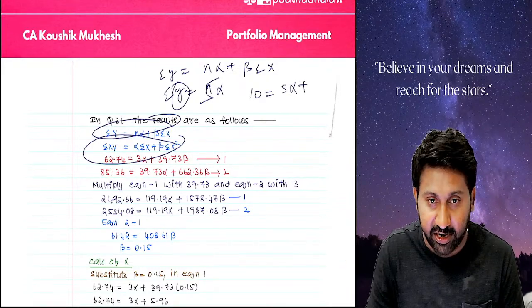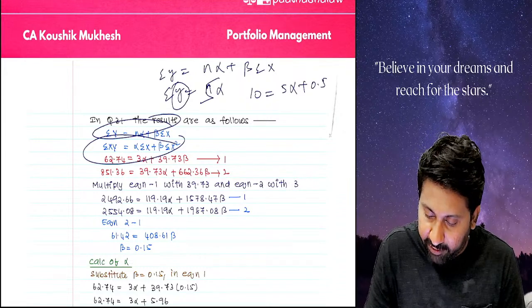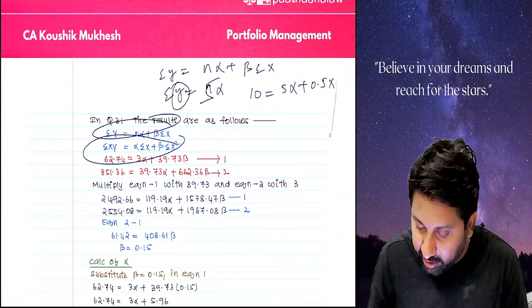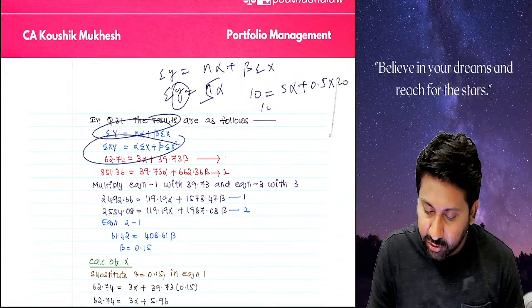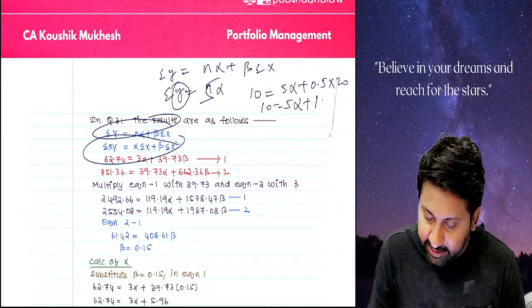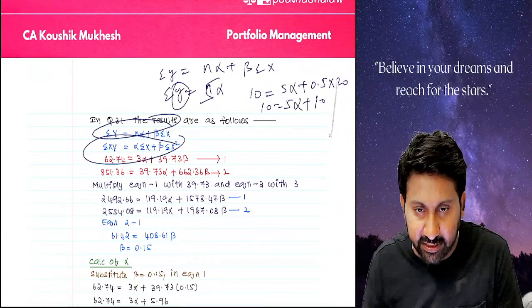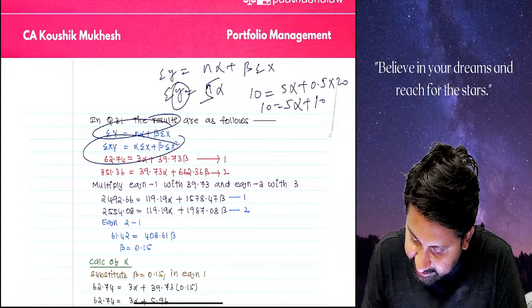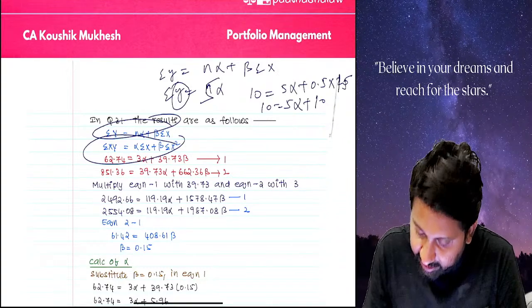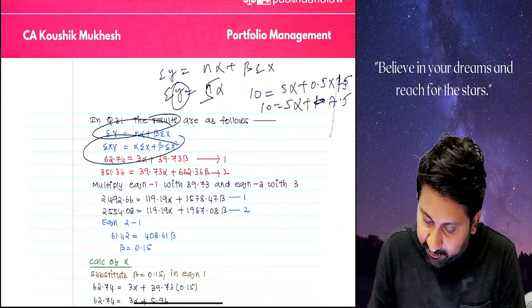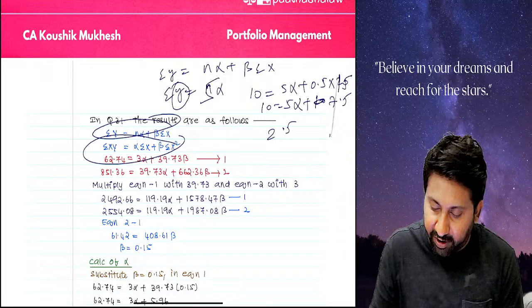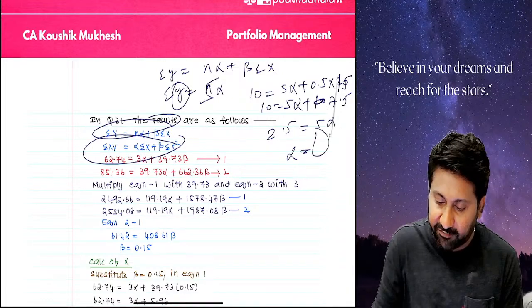Beta we calculated, say for example 0.5, into market total. Let us say it is 20. 10 equal to 5 alpha plus 10. 5 alpha plus 10. Or this is 15. 15 into 0.5 means 7.5. So 2.5 equal to 5 alpha. Alpha equal to some value will come.